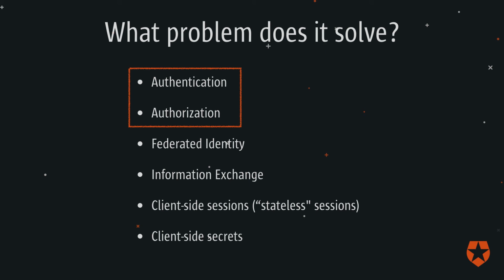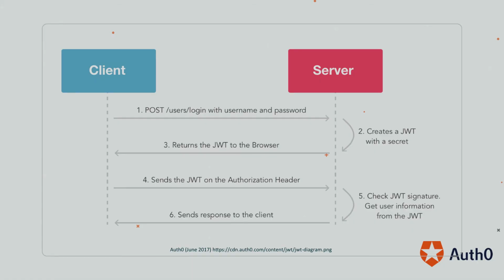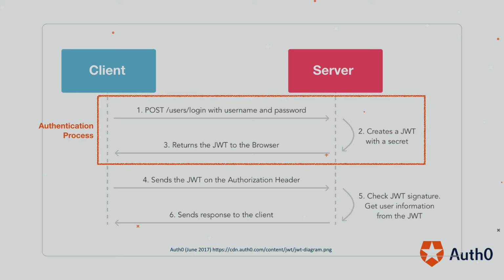I will explain a little bit how the process of authentication and authorization works, if you have never seen this. This is a basic diagram of what happens between the client and the server. The first part is the authentication process, which is nothing more than a login.